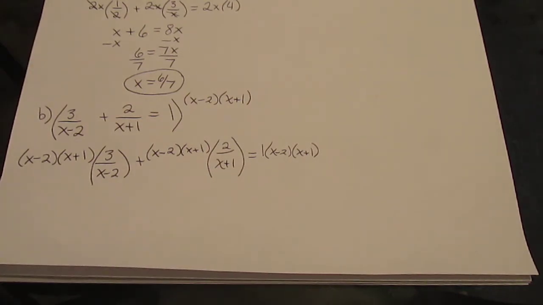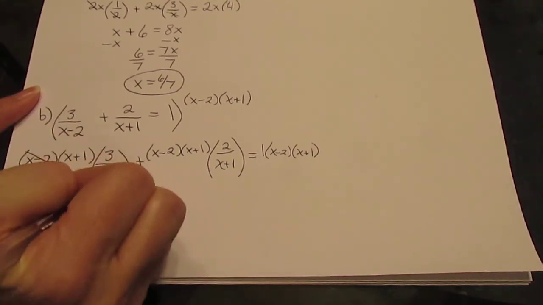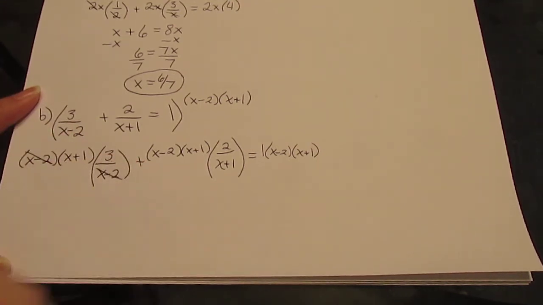I will show an example where I don't write out this step, because when you get comfortable enough, you don't need to write out this step. But I definitely recommend when you're first starting these problems to write this step out so that you can easily see what you're canceling and what's left over.